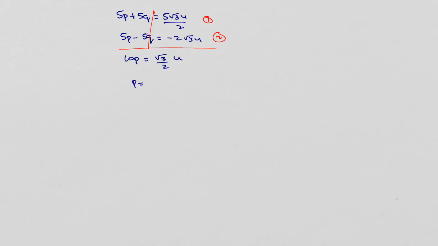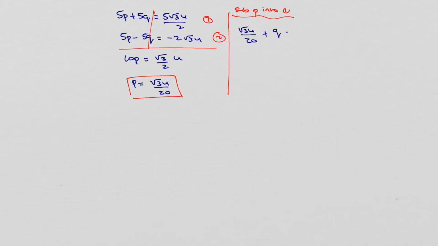And then p must be equal to root 3u over 20. So to find q then, I'm going to sub p into 1. So p plus q, so root 3u over 20 plus q is equal to root 3u over 2. And then if I take those to one side, I have root 3u over 2 minus root 3u over 20. So lowest common denominator there is 20, which then gives me 9 root 3u over 20.